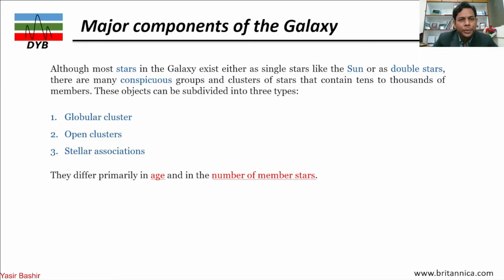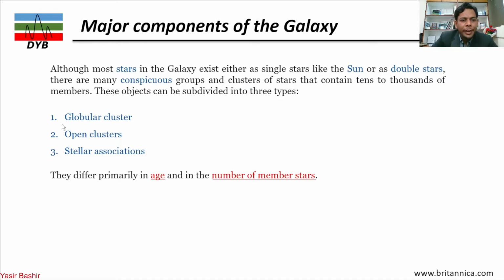There are three types of major components of a galaxy based on the age and number of stars: globular clusters, open clusters, and stellar associations.